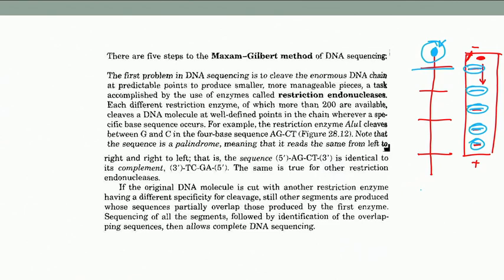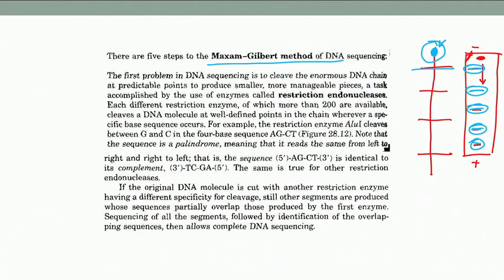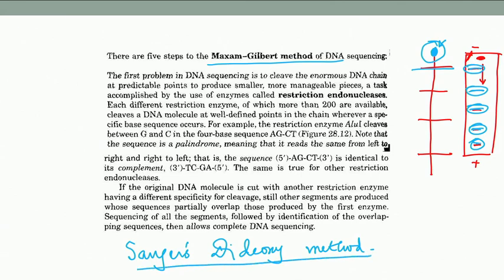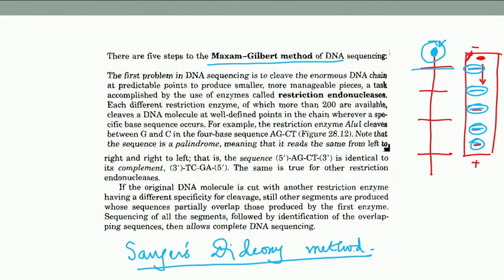One is called the Maxam-Gilbert method, which is a chemical method, and the other is called Sanger's dideoxy method. In the next session, we will discuss these Maxam-Gilbert and Sanger methods. Thank you.